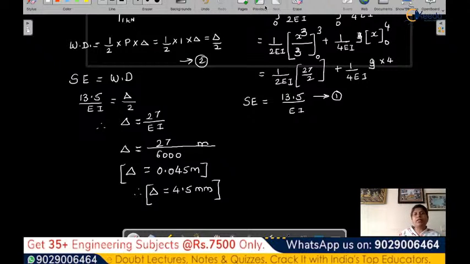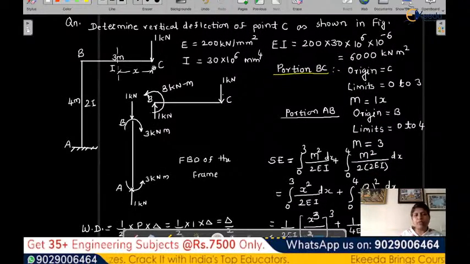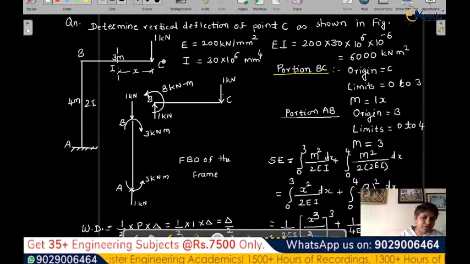So when there is a frame, these are the steps we have to follow. When a frame is given and we are asked to find the deflection at some point, such as the free end, we simply find the strain energy in each member. We first calculate the moment, then substitute it into the strain energy equation.